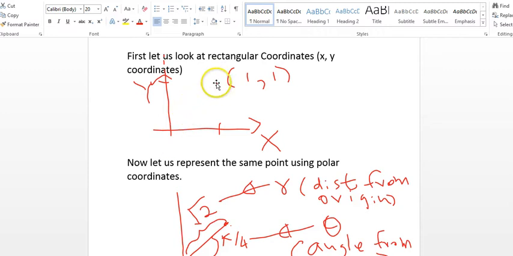You should remember that the first polar coordinate is always a number which represents a distance, while the second polar coordinate is an angle. Unlike in rectangular coordinates where both coordinates are distances, in polar coordinates only one coordinate is a distance and the other coordinate is an angle.